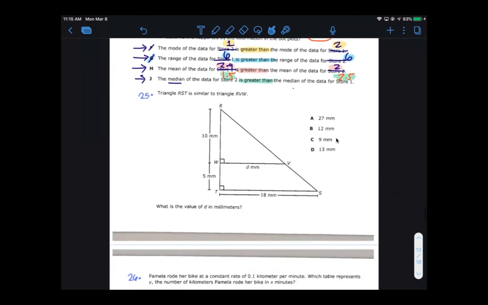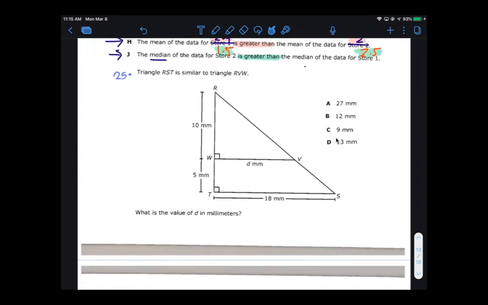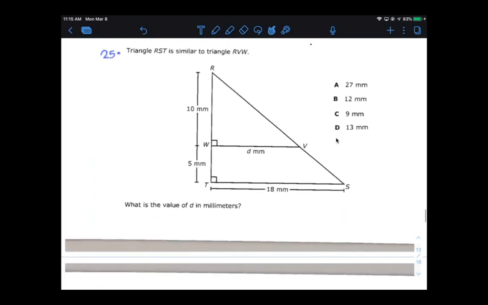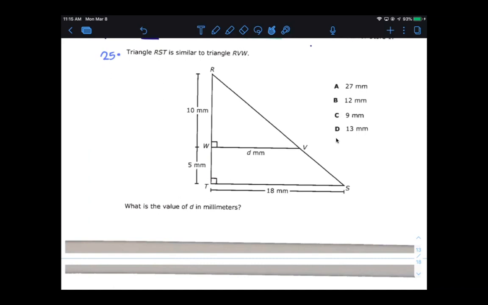Okay, and then the last problem for this set of problems, problem 25, says triangle RST is similar to triangle RVW. What is the value of D in millimeters? So D is right here. What's happening is that we have 2 triangles, one nested on the other.